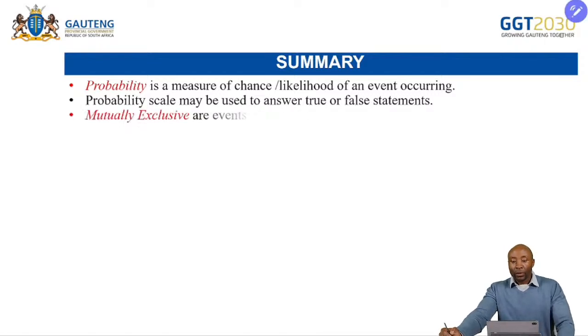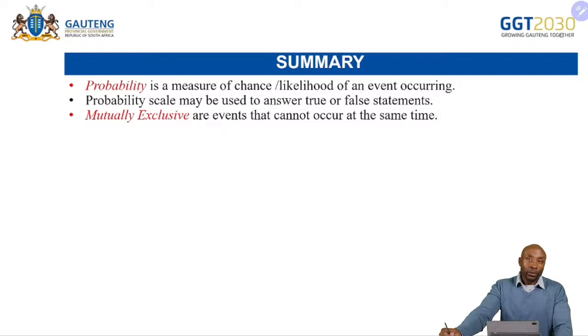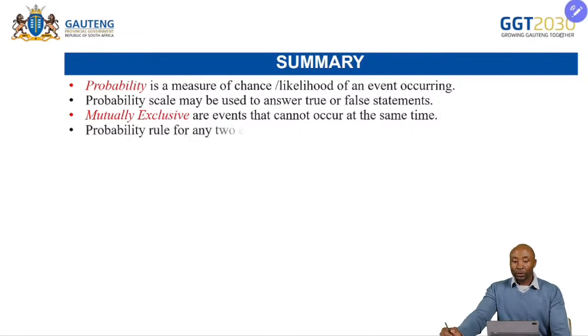And we also saw that we can use probability to answer true or false statements. If the statement is true, you can use a probability of 1, and if it's false, it's a probability of 0. We also looked at mutually exclusive events, and these are the events that cannot occur at the same time.